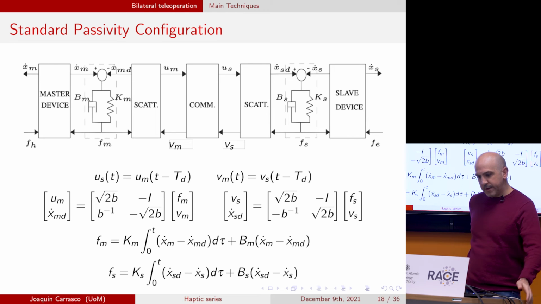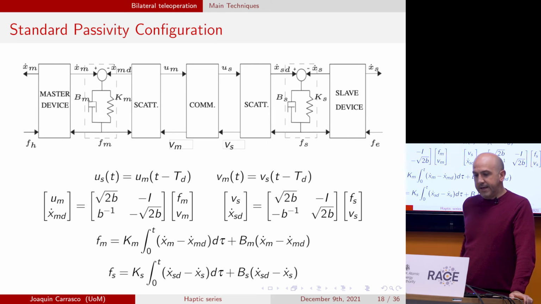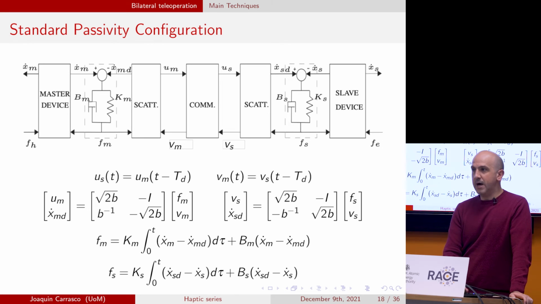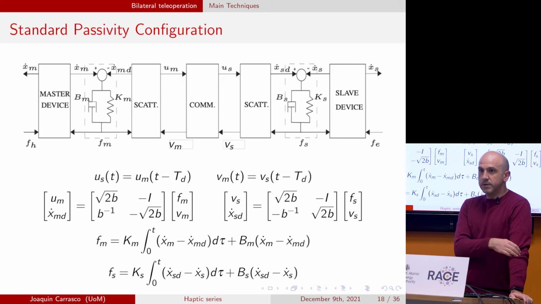But in any case, this guy is going to be passive. This guy is also going to be passive. The block connecting these guys is passive for any delay. Everything now becomes a passive system, and then we can introduce this concept.